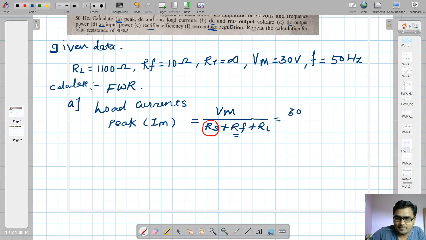30 divided by Rf, which is 10 ohm, plus RL, which is 1100 ohm. Now if I put these values and use the calculator, what will you get? Let me use the calculator here.